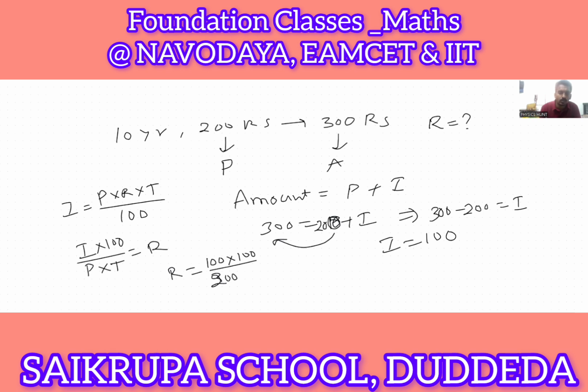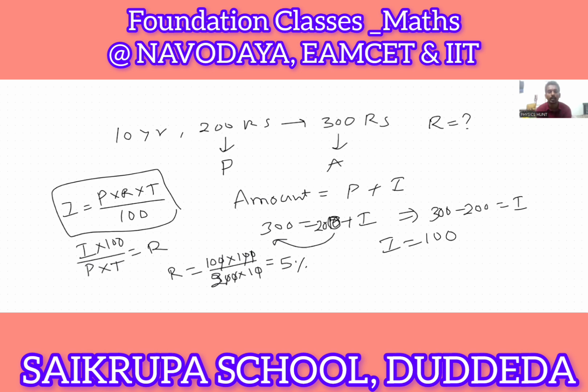So the 0s cancel. So 10 by 2, 5%. So at what rate is it? 5%.